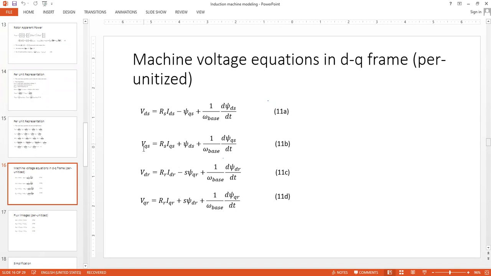Intentionally, the zero elements, that means V0s, the stator zero axis component of the voltage, and the rotor zero axis component of the voltage, are not included, considering it is a balanced system, so we are not bothered about those two. You are only seeing two from the rotor circuit and two from the stator circuit. The zero elements are not taken into consideration further in our derivation.